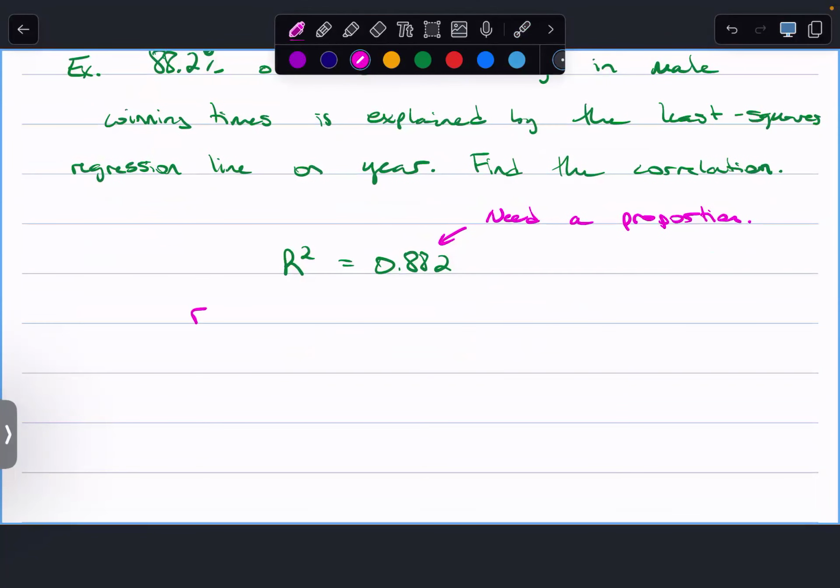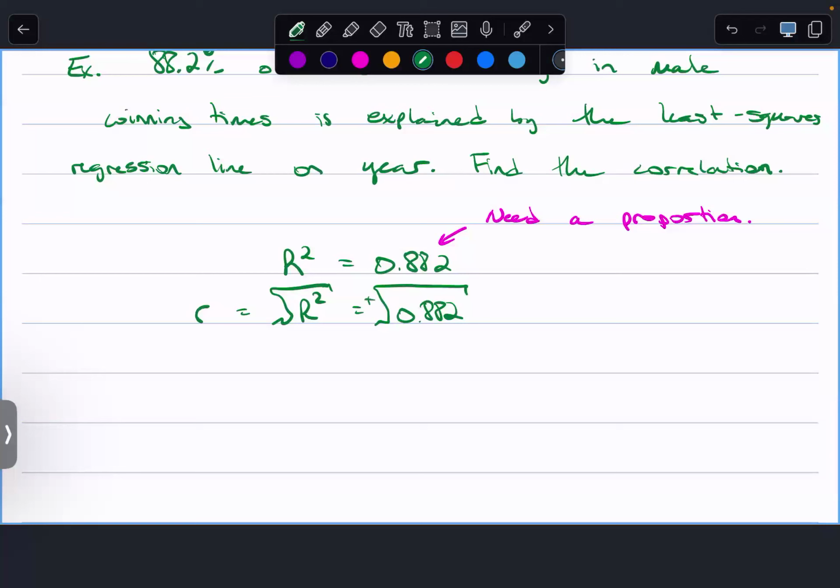Now, the correlation, which I use a lowercase r, and if you use a capital R, that's fine, is the square root of R squared, which is the square root of 0.882. The pickle with square roots is that I could have a negative value, and if I square it, it becomes positive, or a positive value, and if I square it, it's still positive.